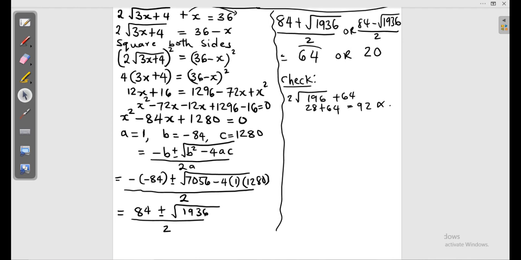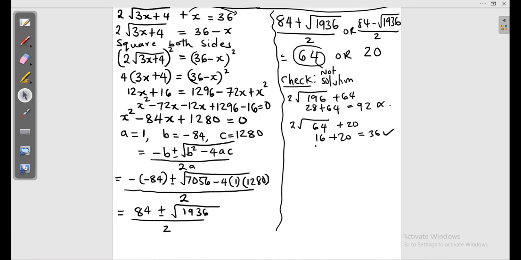So this is not a solution. Now let's try 20. 3 times 20 is 60. 60 plus 4 is 64, plus another 20. The square root of 64 is 8. 2 times 8 is 16, plus 20, which is 36.